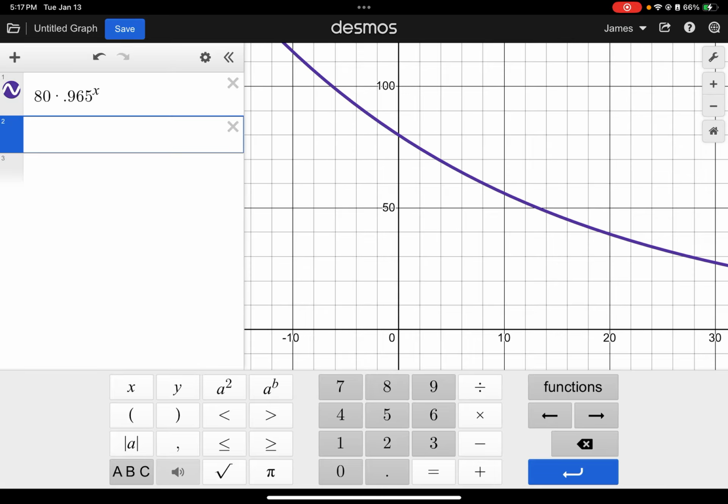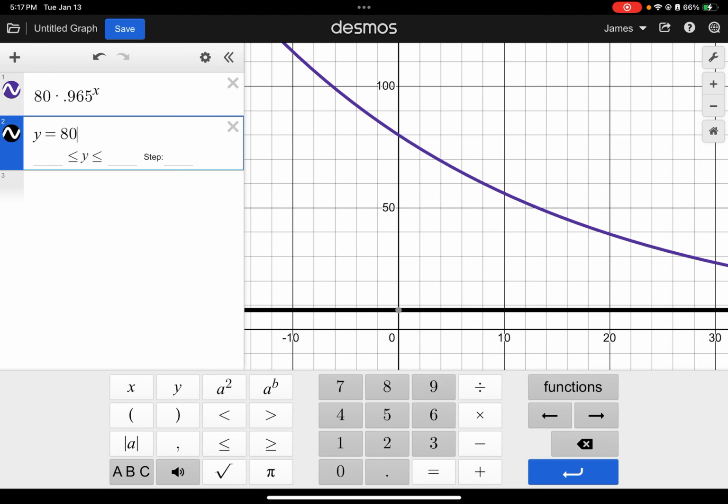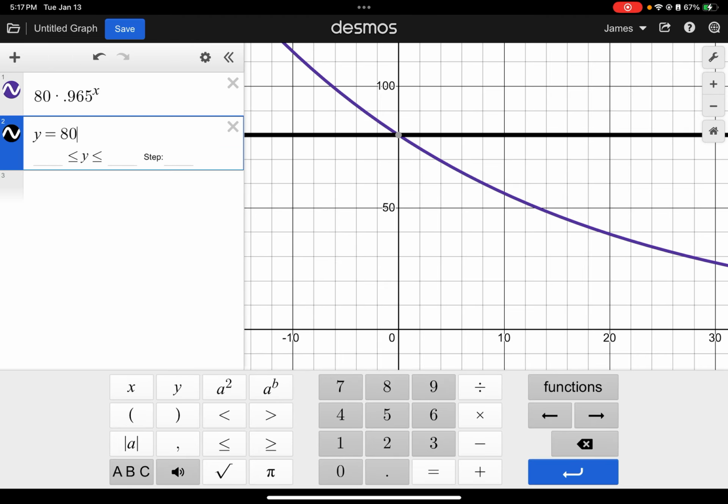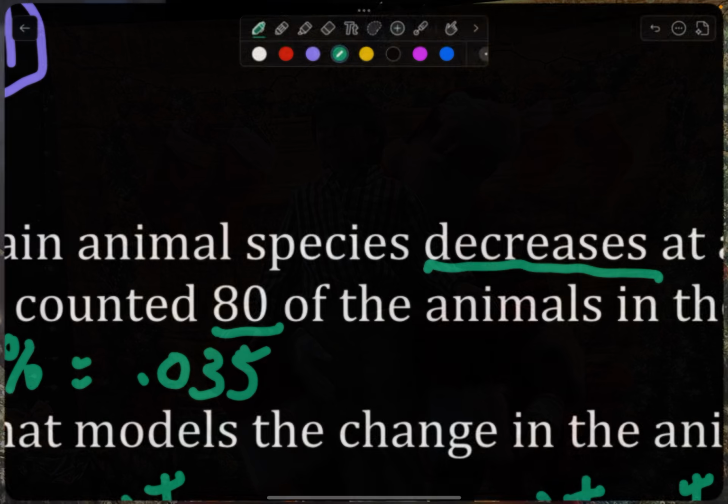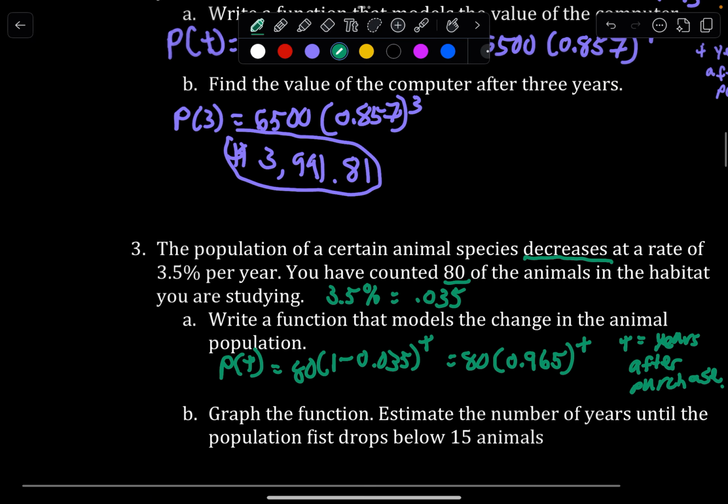Okay, so we want to know when the population is less than the value they're talking about. What value was it? They said below 15 animals.